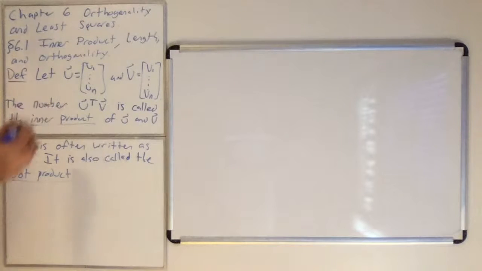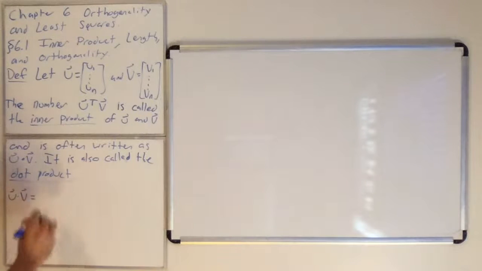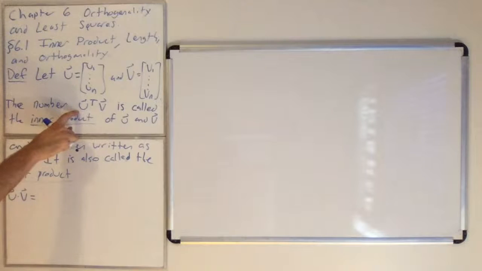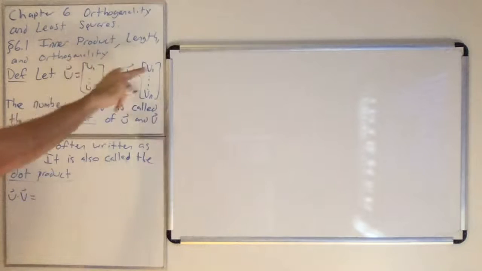Okay, so the way we compute U dot V, well, it's U transpose times V. The transpose of a column is just the row matrix.